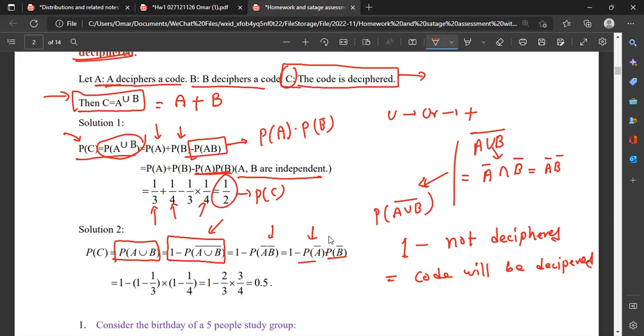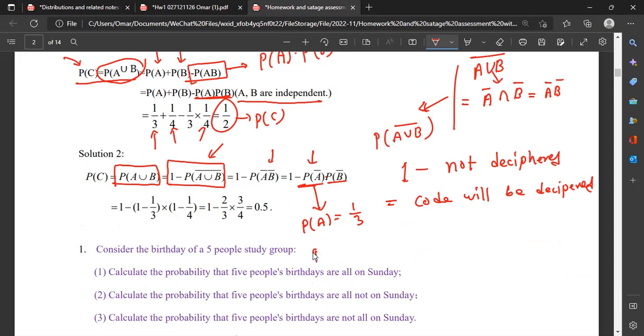So P of A bar. We already know P of A, but we don't know P of A bar. So what is P of A bar? If P of A is 1 by 3, then P of A bar is very simple. P of A bar will be 1 minus P of A, that means 1 minus 1 by 3.